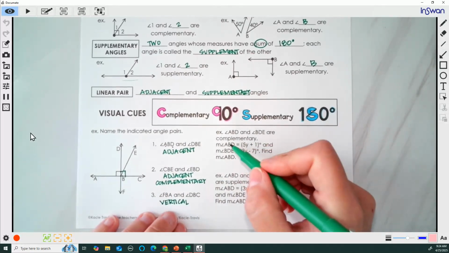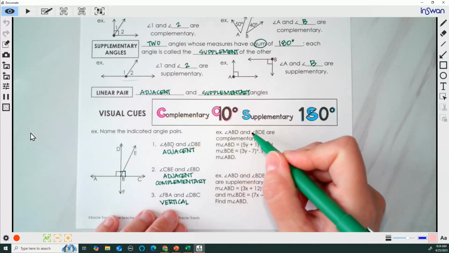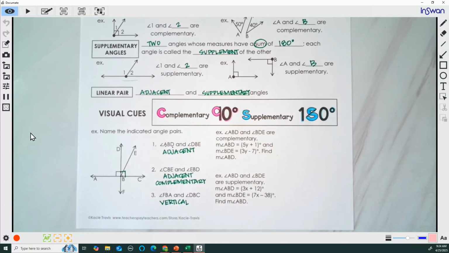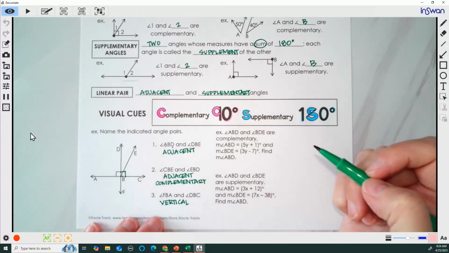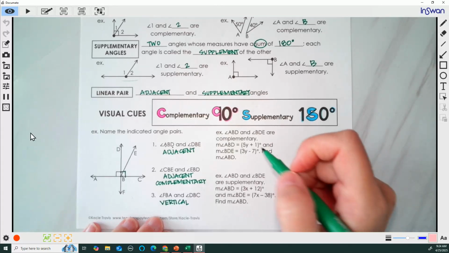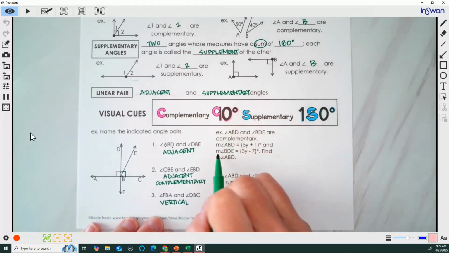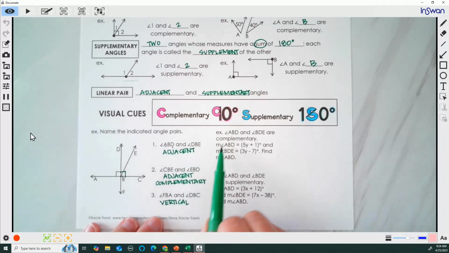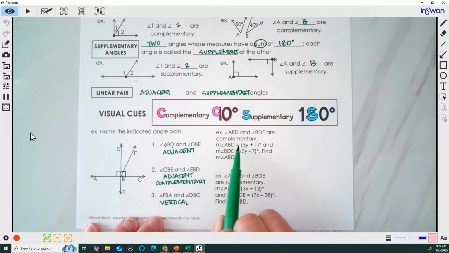All right, next example. Angle ABD and angle BDE are complementary. So that means they have a sum of 90 degrees. Here's our first indication of what we were talking about in the last set of notes: the little lowercase m sitting next to angle ABD indicates that we're talking about the measure of angle ABD.